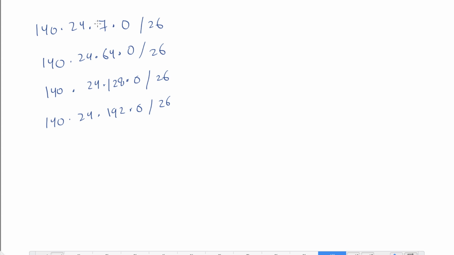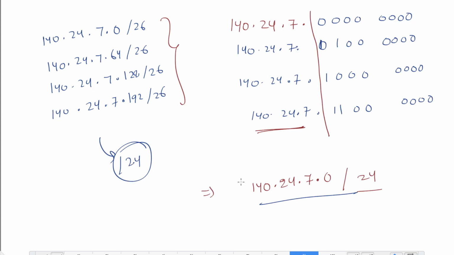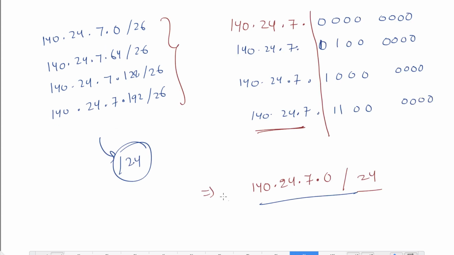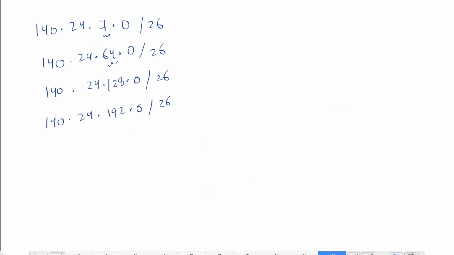See here what I did: instead of 7.0 and 7.64, I am changing the third octet to 7, 64, 128 and 192 instead of making it fixed. Now just check how we are going to convert this into one network.